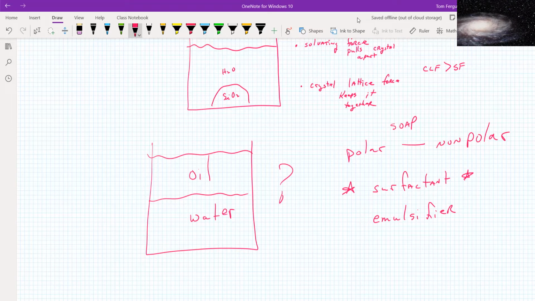When the light went through it, the light enters water and is refracted. So the smaller the droplet of water, the less it's bent.